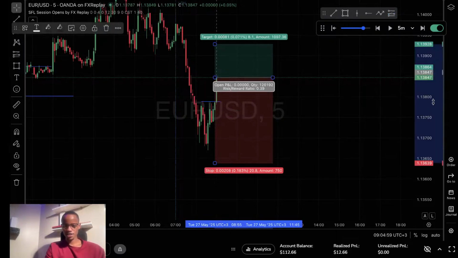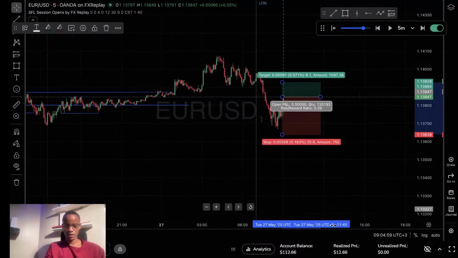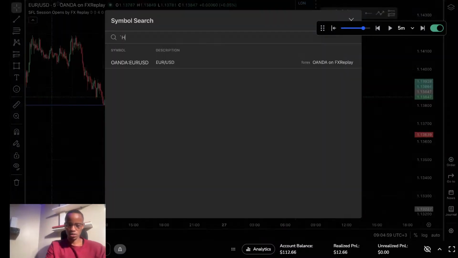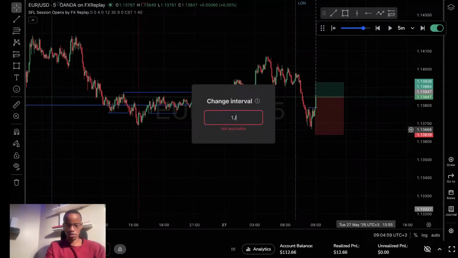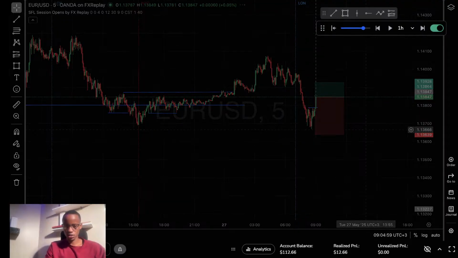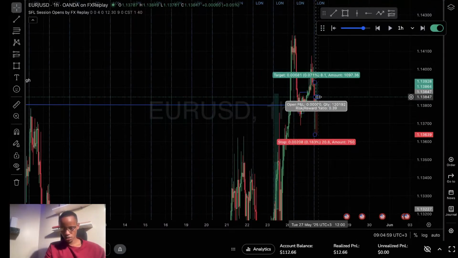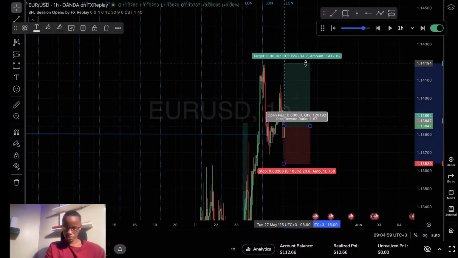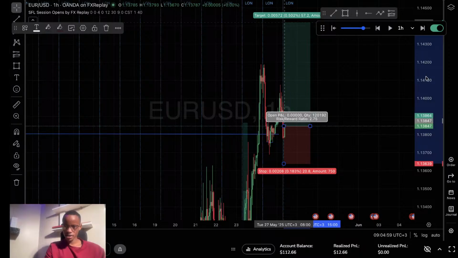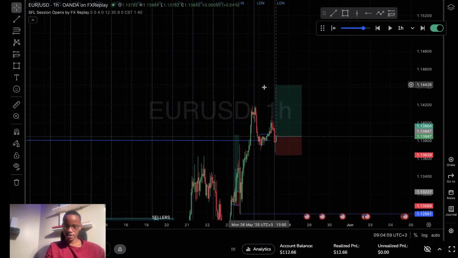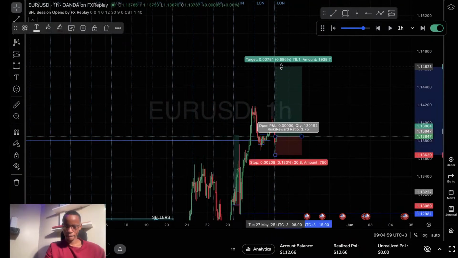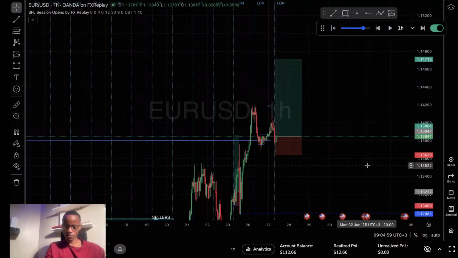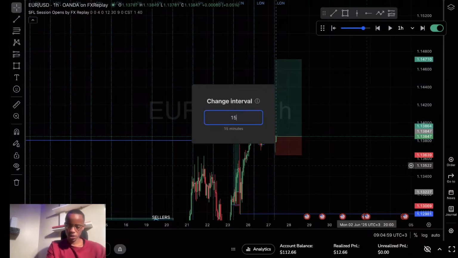The SL is like 20 pips. It's a big one compared. So we go with H1 to see the targets. Okay, you can target this high. As you know, our trades have been 1 to 4, 1 to 4, 1 to 4.